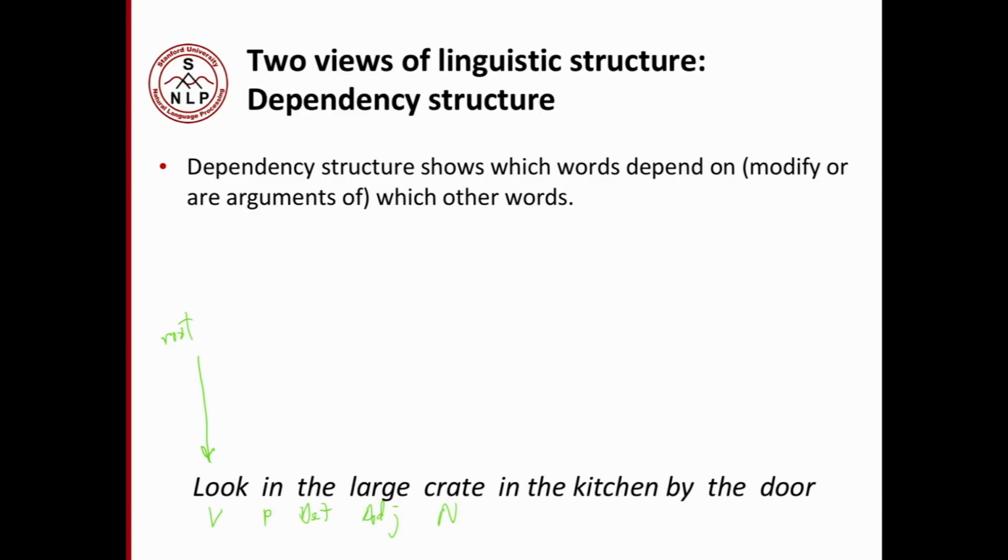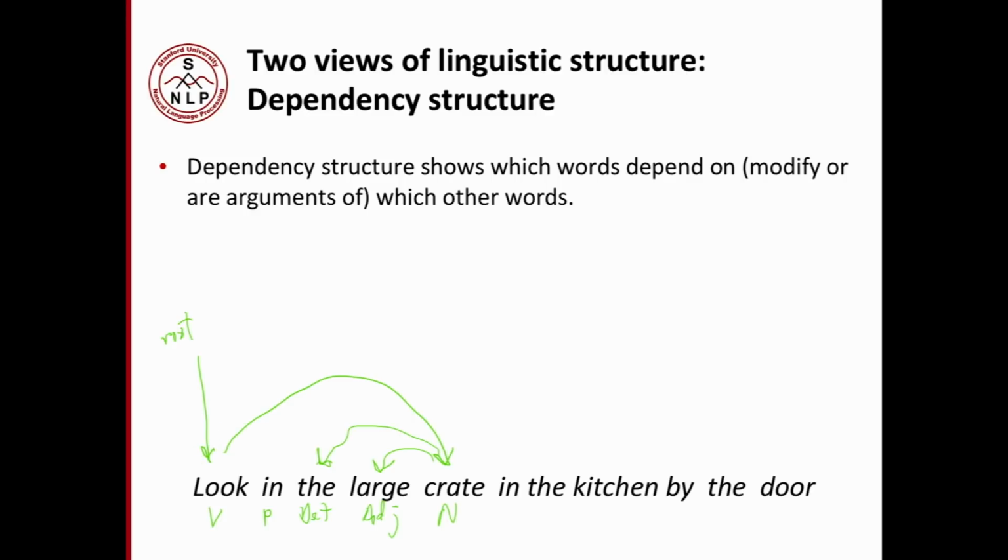Then where we're going to look is in the large crate, so that is a dependent of look. And the crate has some modifiers. It's a large crate, so that's a dependent of crate. It's the large crate, so "the" is a dependent of crate.